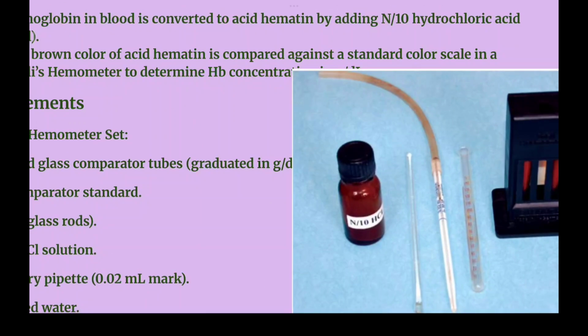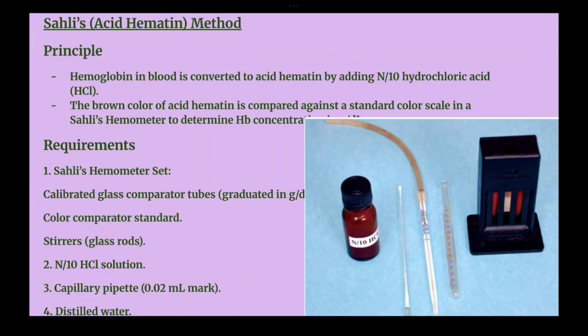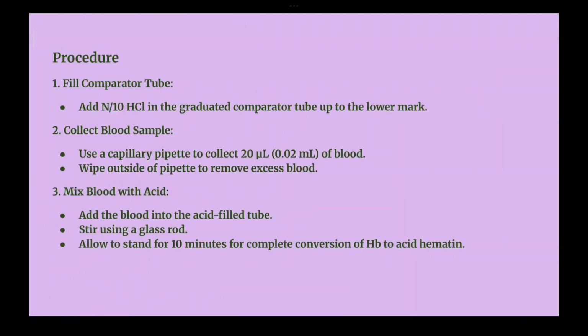It is used to stir the N/10 HCl solution along with the blood sample. Then there is a capillary pipette which is used to draw the amount of blood required to conduct a hemoglobin estimation test. This pipette has a 0.02 ml marking, and you can also use distilled water to clear the tube once the test is conducted.